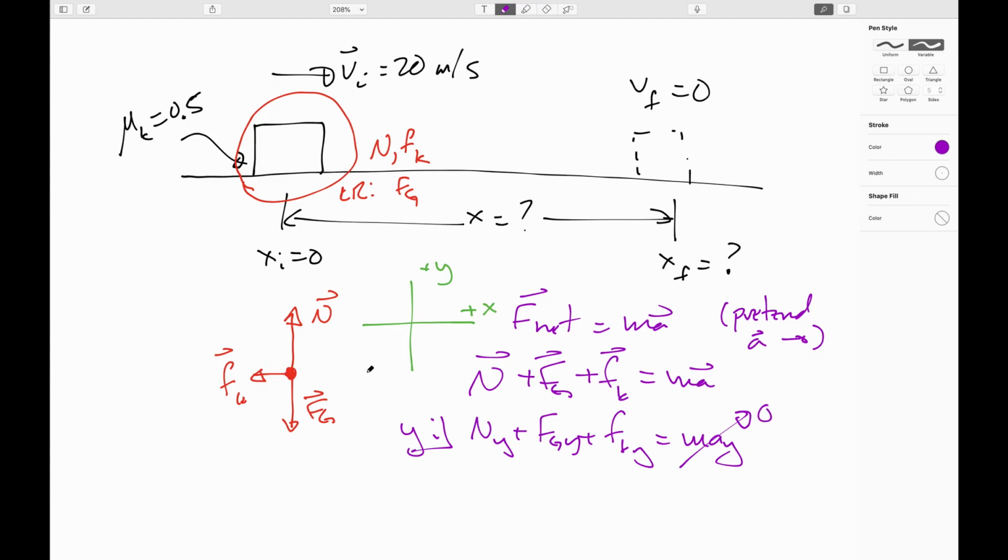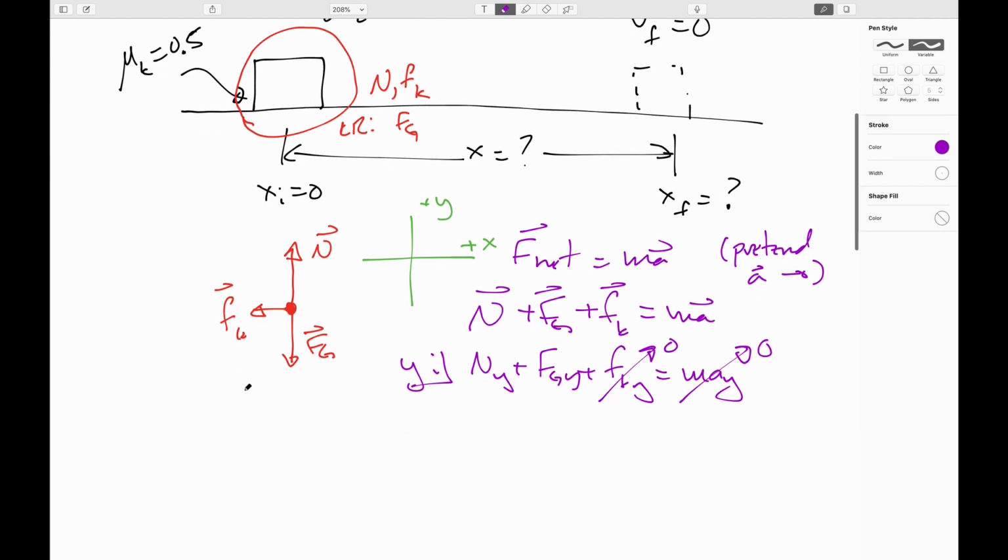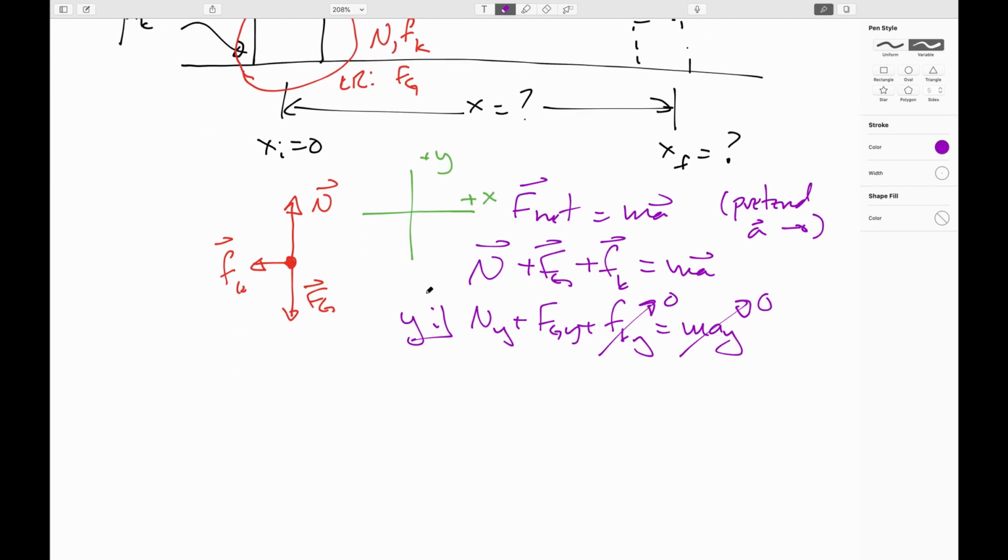And similarly, f_k has only an x component, so its y component is 0. The normal force points entirely up, so we can just say n. Gravity points entirely down, so we can say minus f_g. That equals 0. So you get that the normal force is equal to f_g, so it's equal to mg in this case.